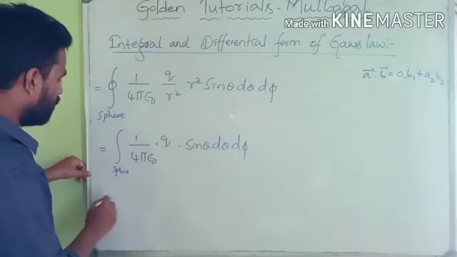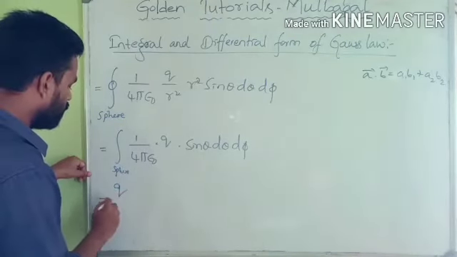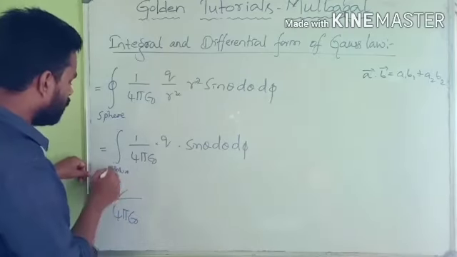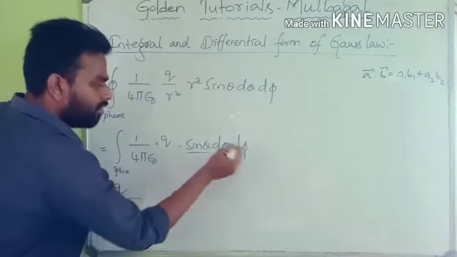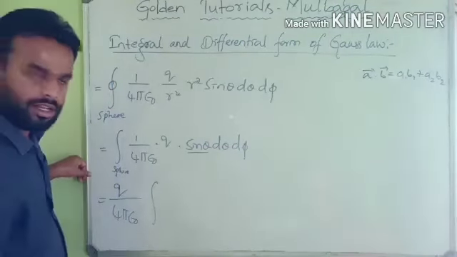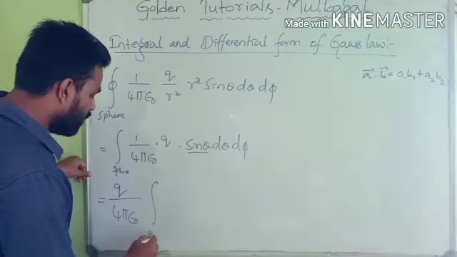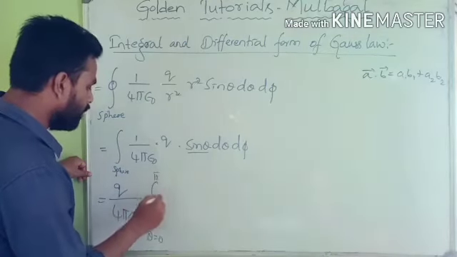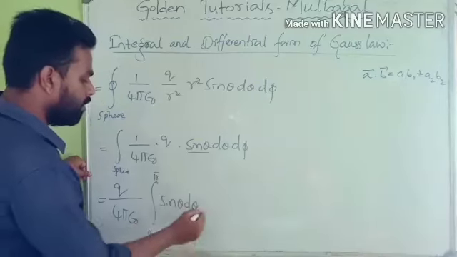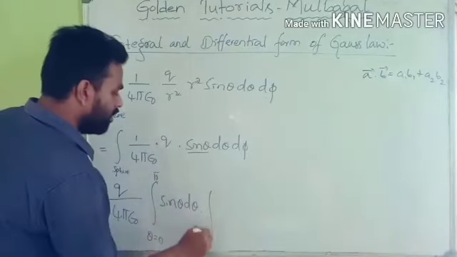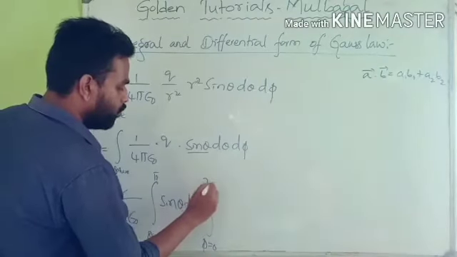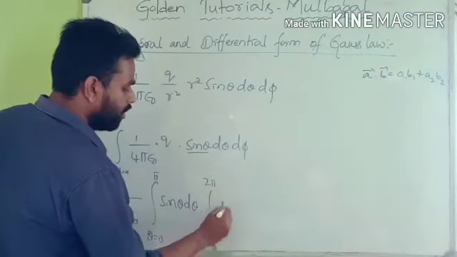Therefore, let us take it outside, and you have to integrate sin theta d theta and d phi. Therefore, I am going to split this integral where theta varies from 0 to pi for sin theta d theta, multiplied by the integral where phi varies from 0 to 2 pi for d phi.